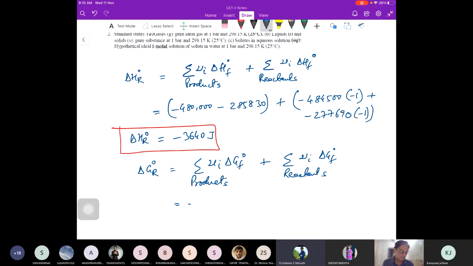So minus 332,200, and the other, minus 237,129. Yes. Okay, this for the product. For the reactants, minus 389,900 plus minus 174,780, into minus 1.